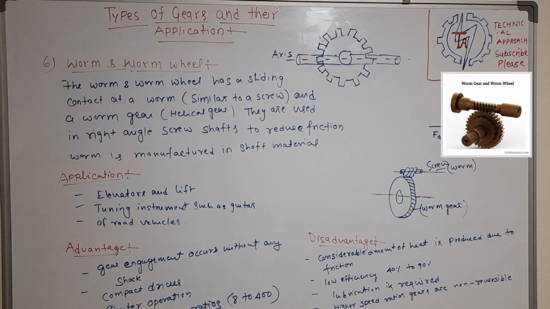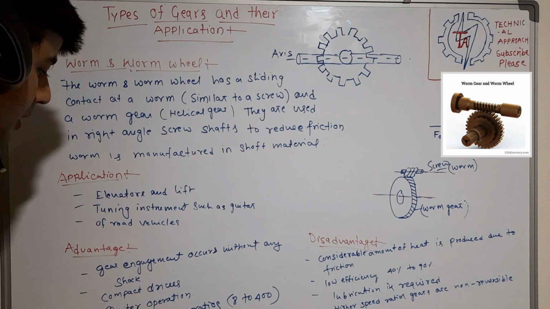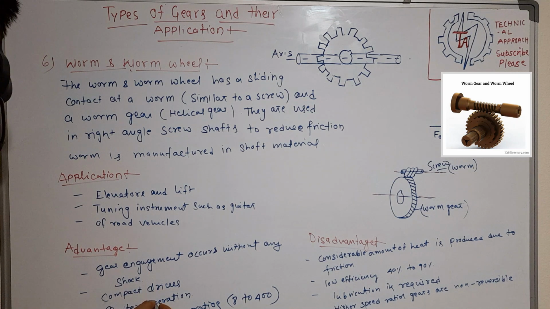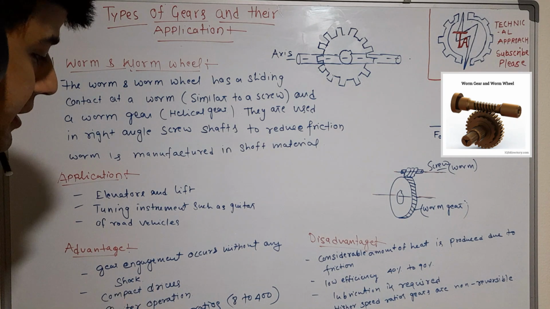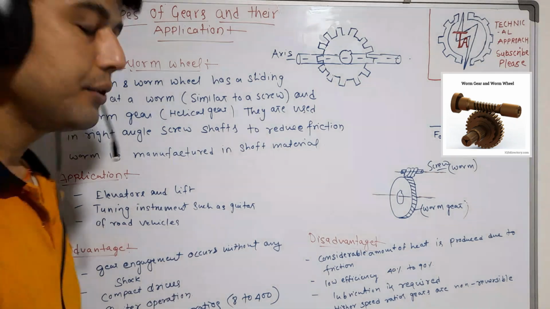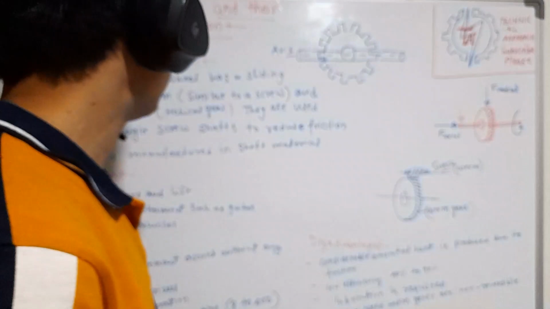Advantages: gear engagement occurs without any shock. Compact drive, quicker operation, high reduction ratios 8 to 400. There are some disadvantages of worm and worm wheel.